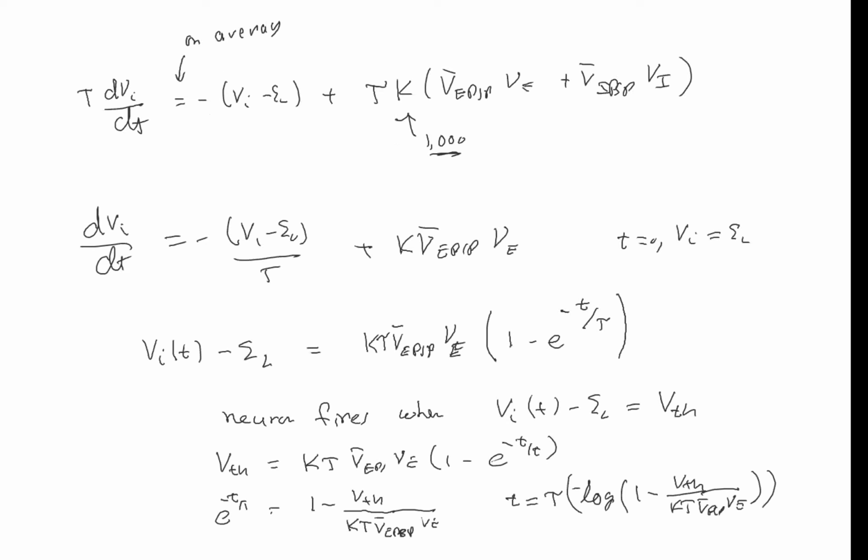Shoot. Oh, I got it upside down. So this is K. I got it right. VTH over K tau nu bar PSP nu_E.